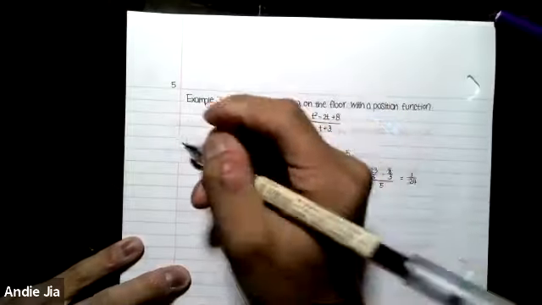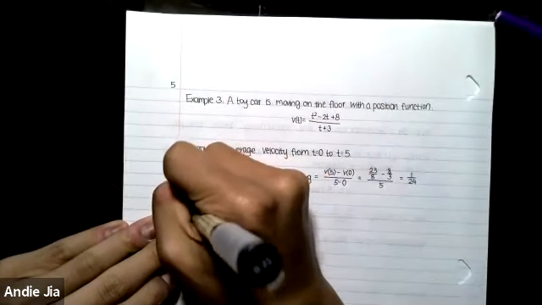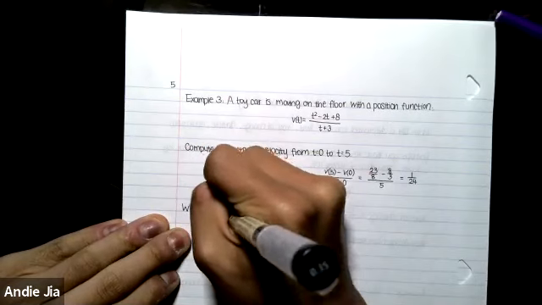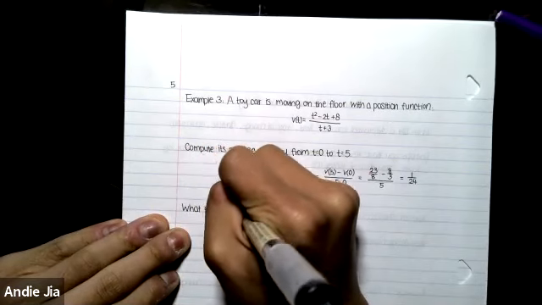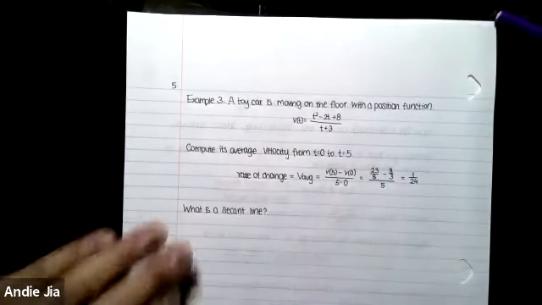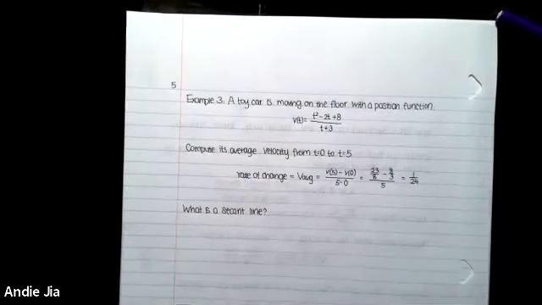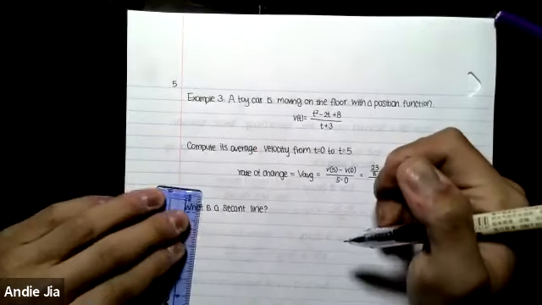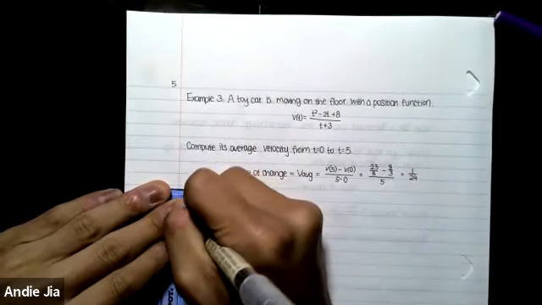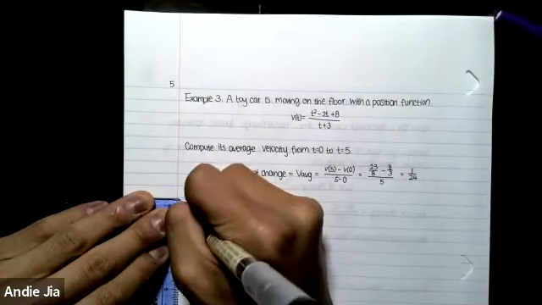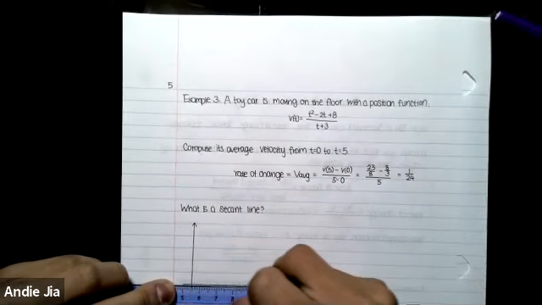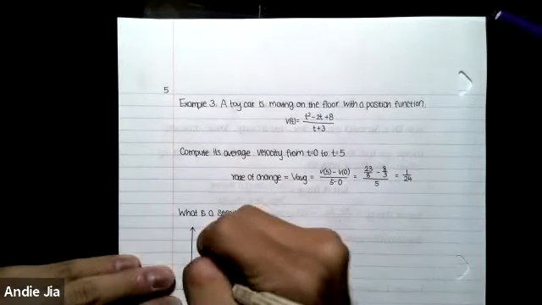And so what is a secant line? Perhaps we have two xy coordinates. Two functions.